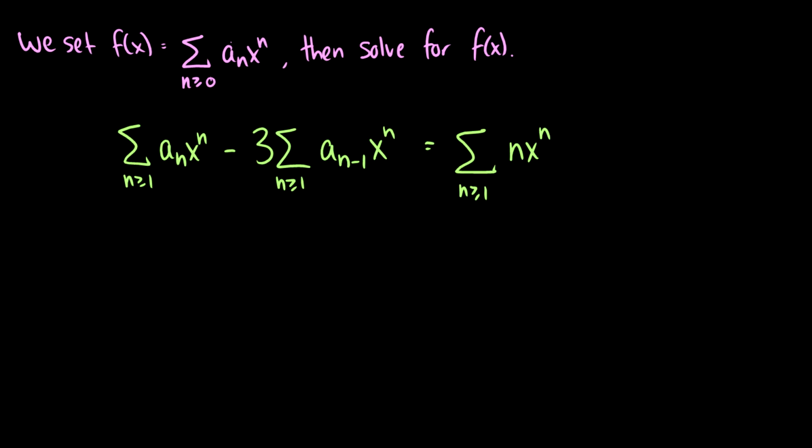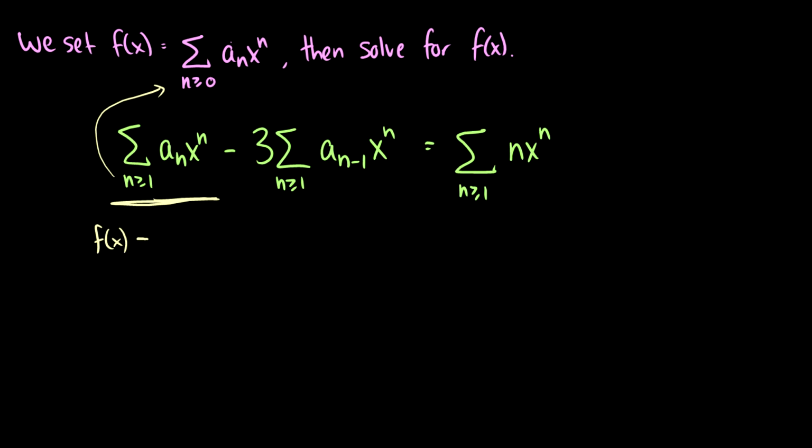So let's take a look at these one at a time. In our first case, we have a_n x to the n, where n is greater or equal to 1. But the thing is, we want n greater or equal to 0. So this sum is really saying I have the whole thing, except it starts at n equals 1.